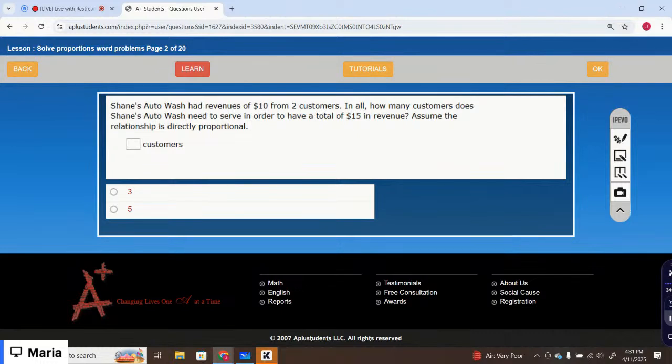Shane's Auto Wash has revenues of $10 from two customers. How many customers does Shane's Auto Wash need to serve in order to have a total of $15 in revenue? Assume the relationship is directly proportional.